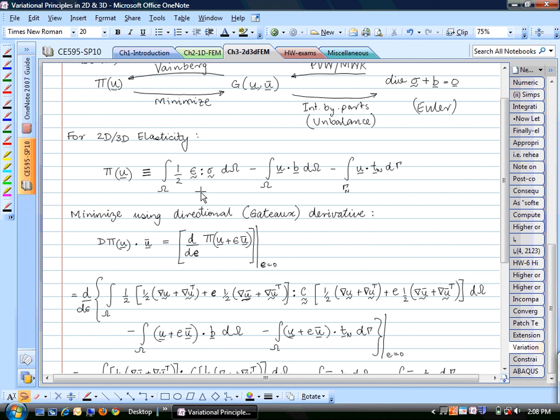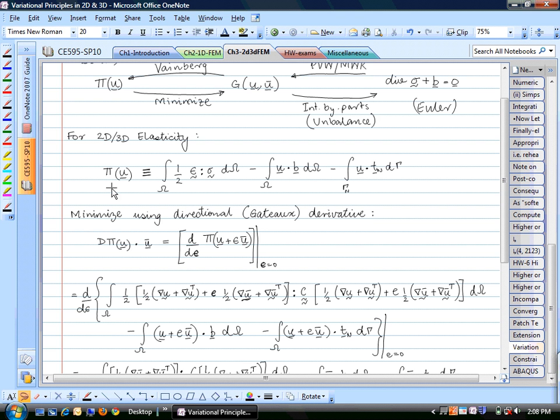If you have a 3-dimensional body, if you strain it, this is the energy going to be stored in that body. This is the potential due to external forces. So let's say you have a body force B at every point, or you have a traction at the boundaries. You take your real displacement, multiply it with those body forces or tractions.